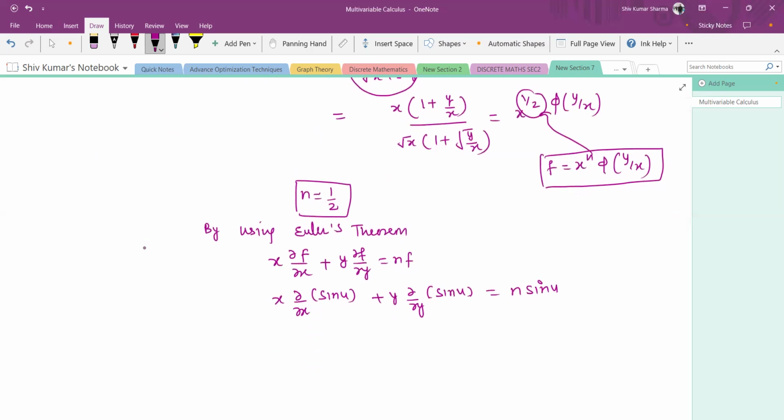We differentiate sin u, because u is a function of x and y.